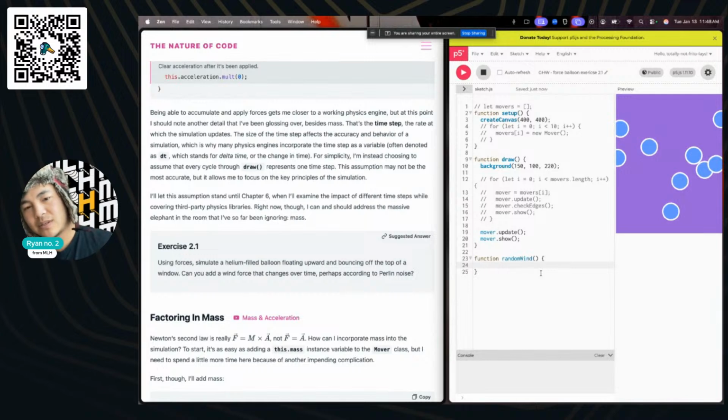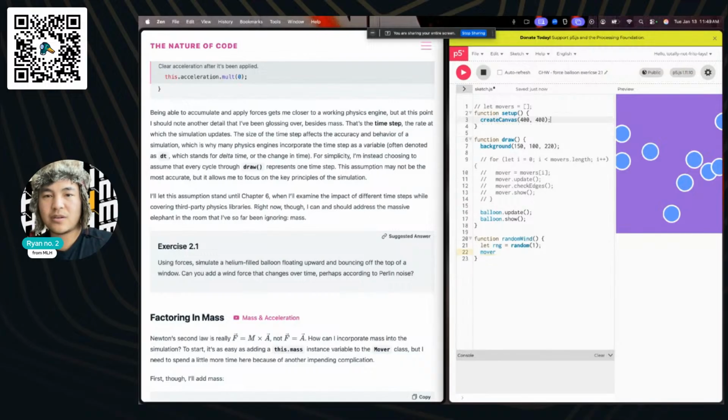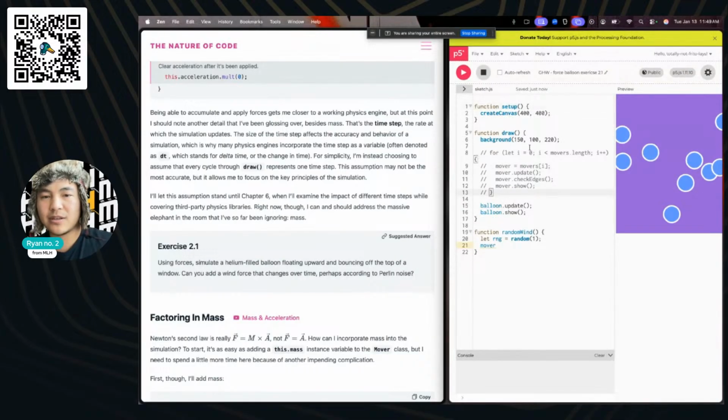So we can say let RNG is equal to random 1. And then let's just do mover, or I guess it's no longer mover, it's now balloon. You know what, I will delete all of these array things. We can add that back in later if we really want to.